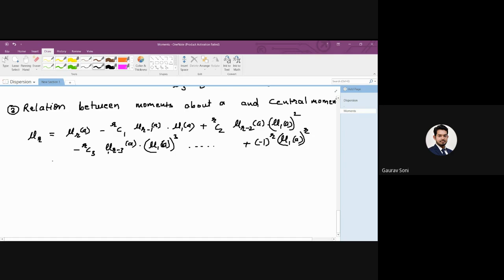So mu 1, we always know that it is 0. What will be the formula for mu 2? Use the above formula.